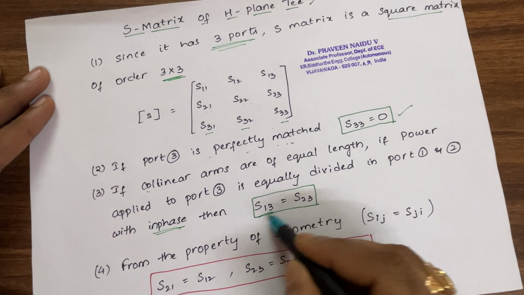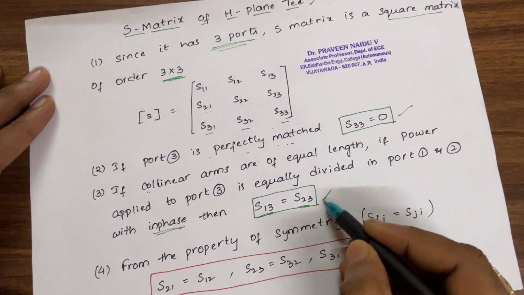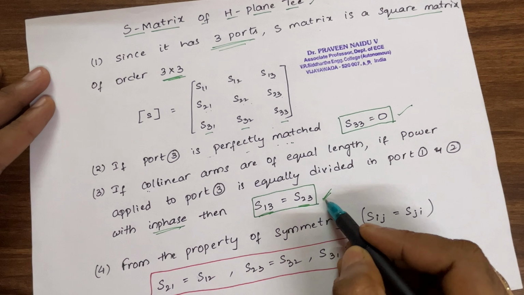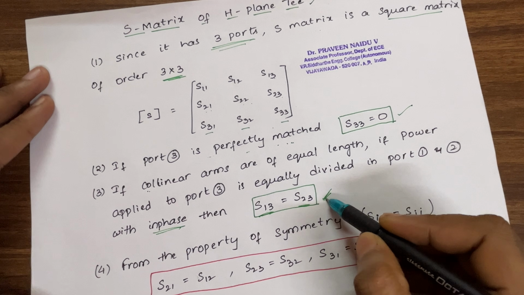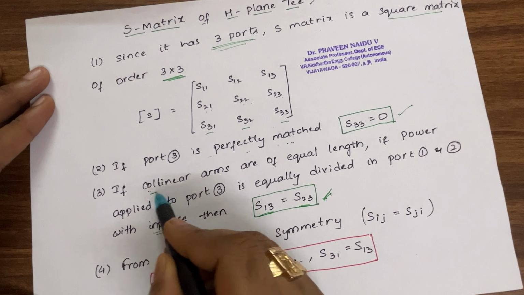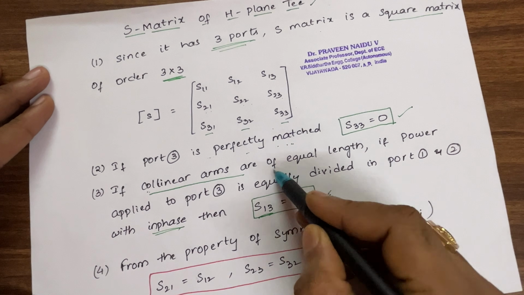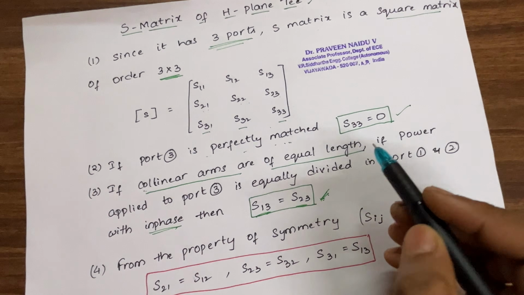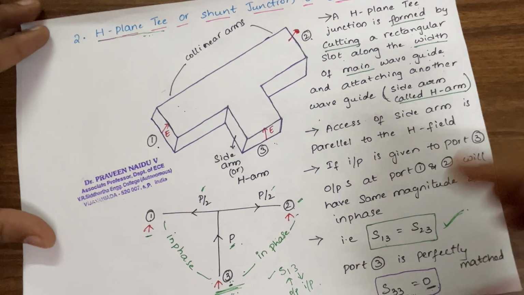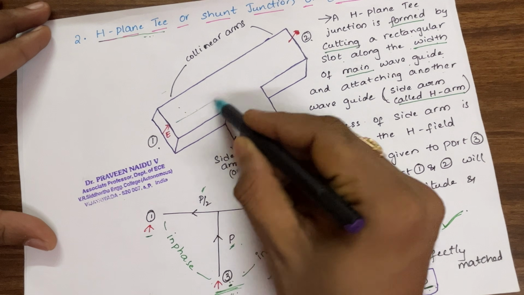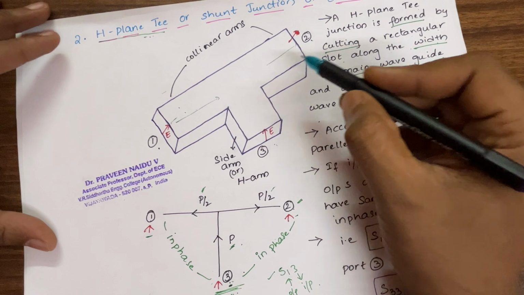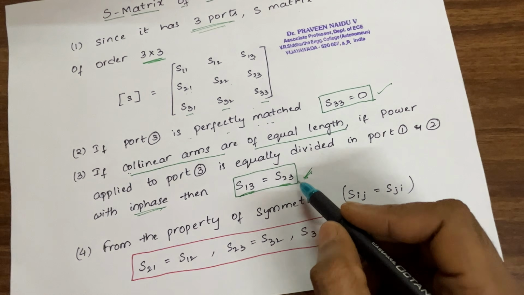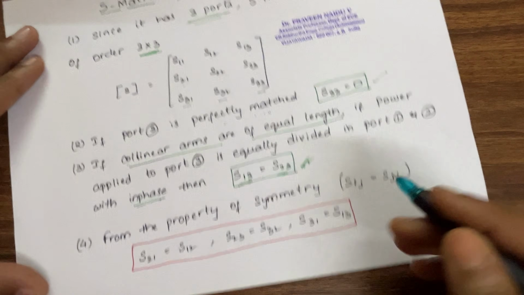That's why we can write S13 is equal to S23. Please remember this condition is valid if the collinear arms have equal length. Equal length means we are talking about the length of these collinear arms. If they are equal, then you will get S13 is equal to S23.